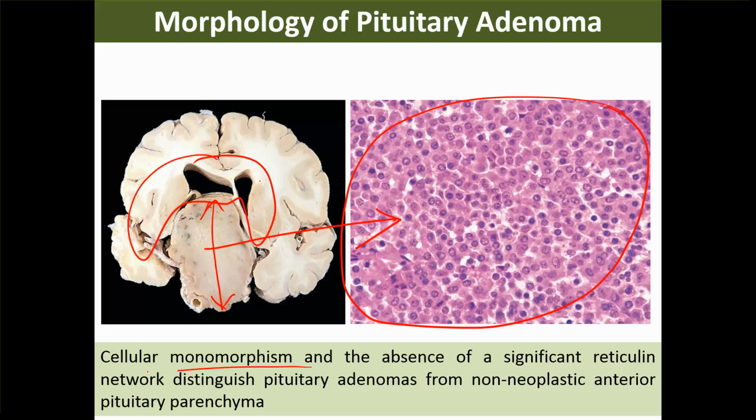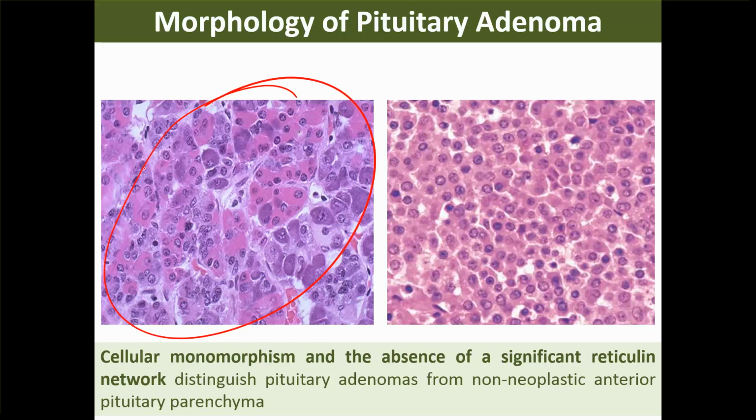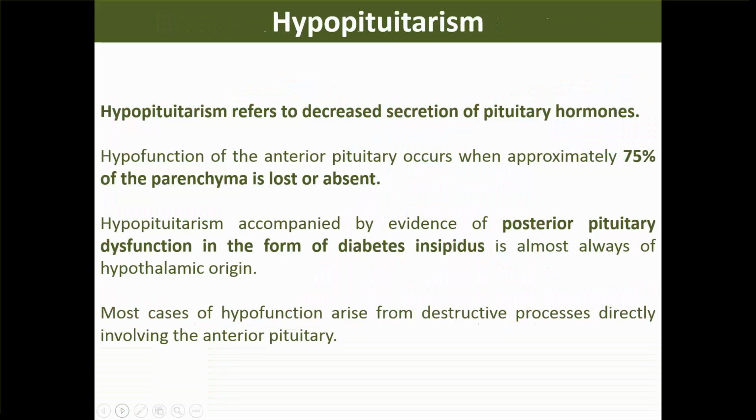So it is called cellular monomorphism. It is a characteristic feature of pituitary adenoma. Usually there should be like 3 different colors of cells seen. Now you are seeing full of pink color cells. It is nothing but cellular monomorphism, and this is another characteristic feature of pituitary adenoma.